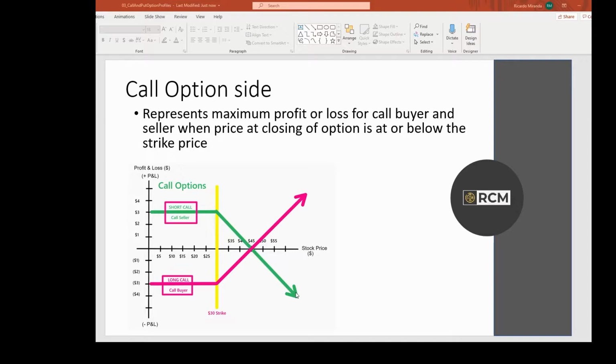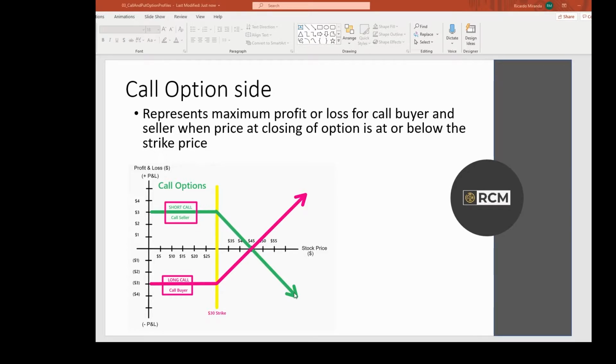When a call buyer buys a long call, he is essentially purchasing it from a call seller who has taken the opposite position, illustrated by the green profile. Notice that if you flip the long call profile along the horizontal axis, you get the mirror image, which is the short call position.